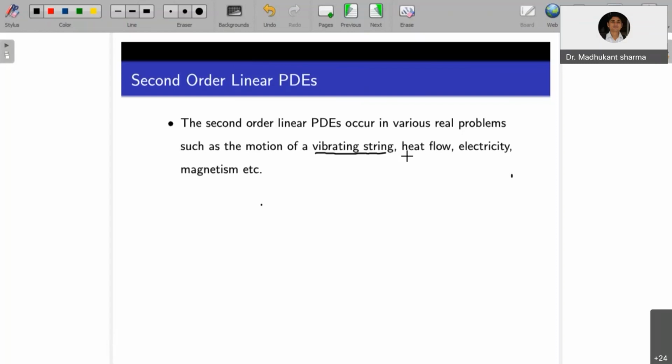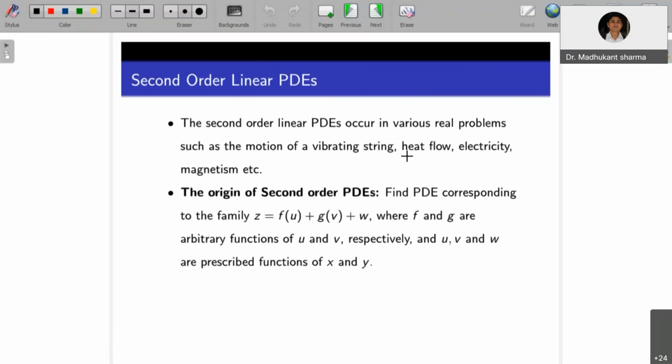Okay. Now, this very first concept is similar to first order PDEs. We have seen that if you have one arbitrary function involved, that corresponds to a first order PDE. If you have two arbitrary functions, that corresponds to a second order PDE, and the process will be the same.